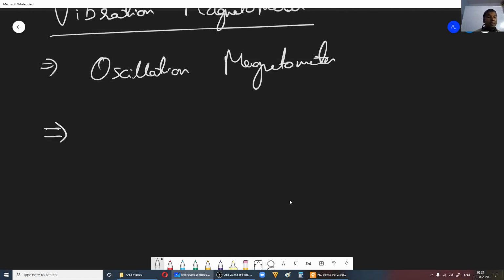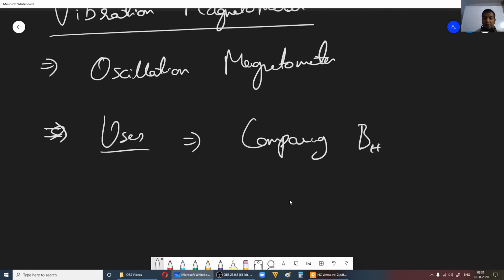It is used for comparing the horizontal component of the Earth's magnetic field, and if you know BH and the inclination or dip, you can find out B also. So it compares BH, the magnetic field of the Earth, at two different places.